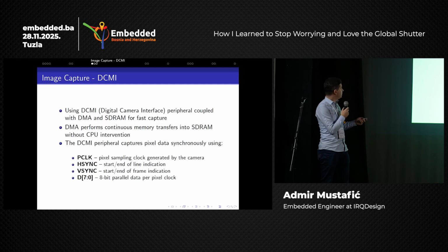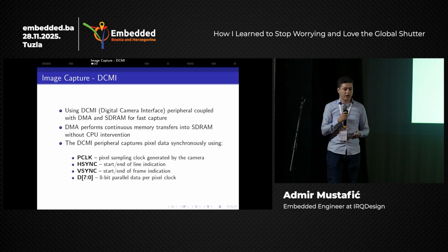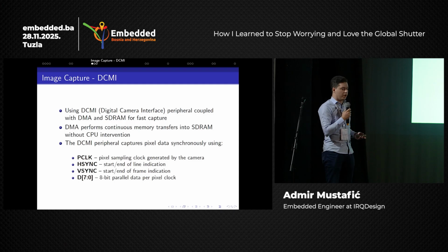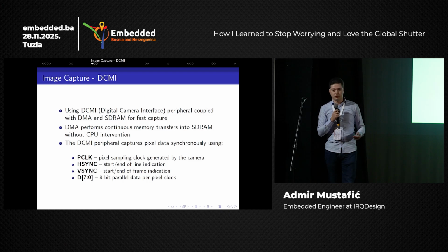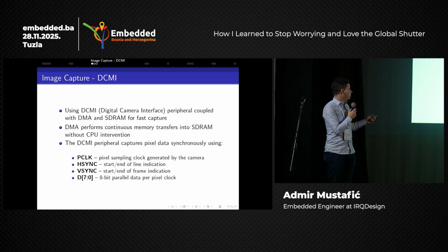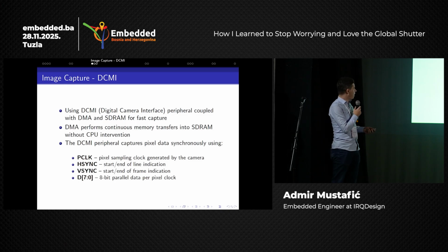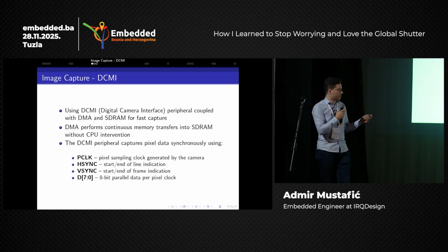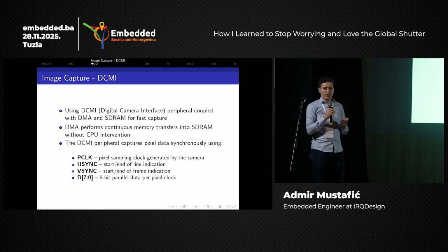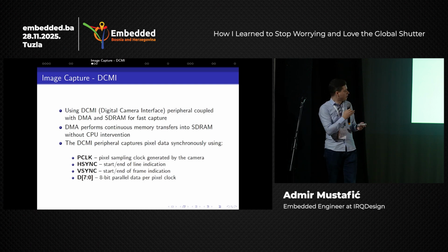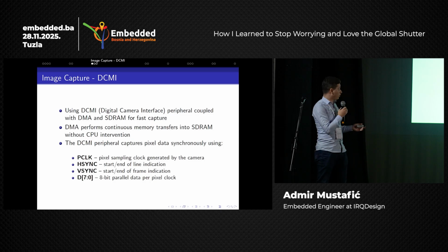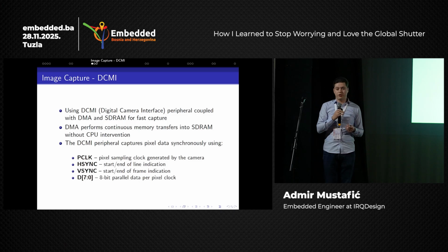As mentioned, using the DCMI camera interface, the DCMI peripheral captures the pixel data on parallel lines. We have the possibility of 14 data lines, but usually we use the 8-bit parallel data lines paired with the hardware synchronization of the horizontal synchronization, where we have horizontal blanking between each line, and the vertical synchronization, where we have the vertical blanking or the indication at the end of every frame.